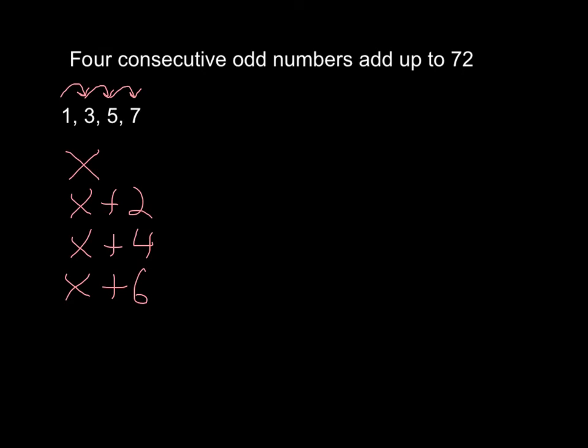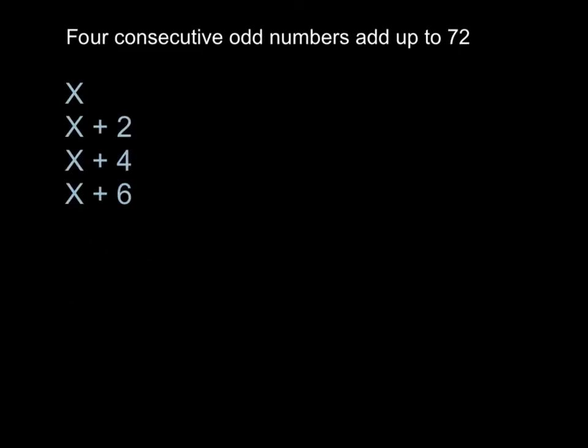Remember that both even and odd numbers go up by 2's. So even though I have 4 consecutive odd numbers, we're still going to use x, x plus 2, x plus 4, and x plus 6 to add up to 72. So just like in the other problems, I'm going to take the sum of these 4 numbers, and I get 4x plus 2 plus 4 is 6, plus 6 is 12, and set it equal to 72.